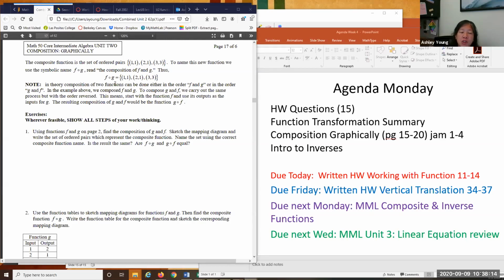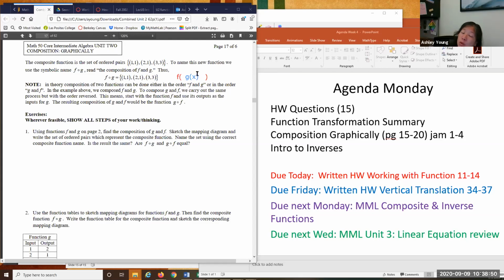I like to rewrite it right away like this. f of g, I like to think of as f of, because remember parentheses is kind of like of, f of g of x. So f's input is the output of g of x.